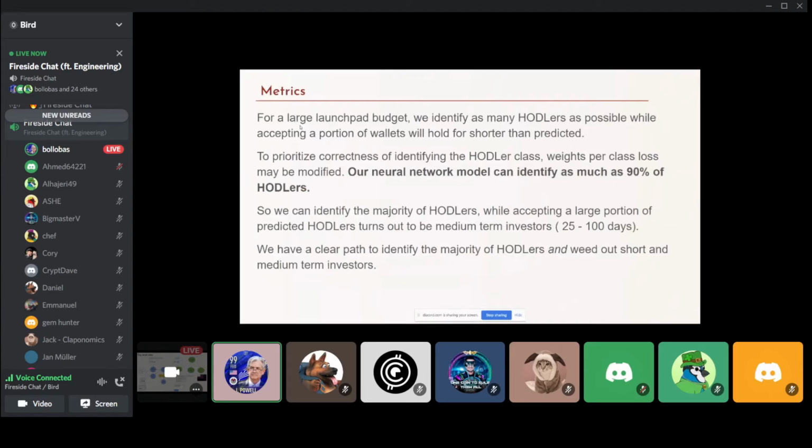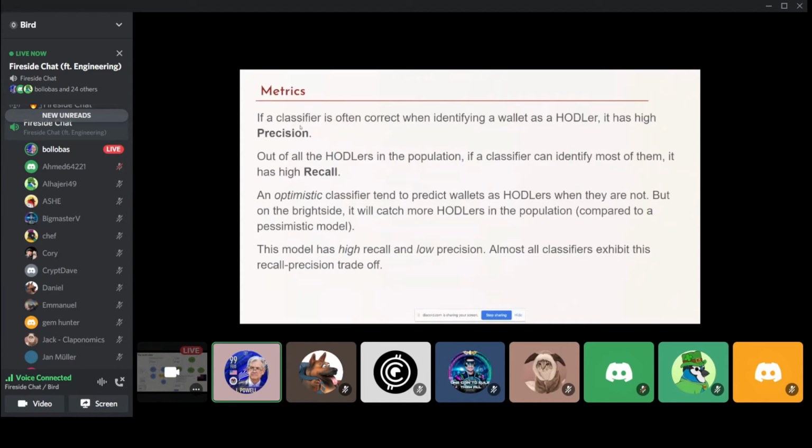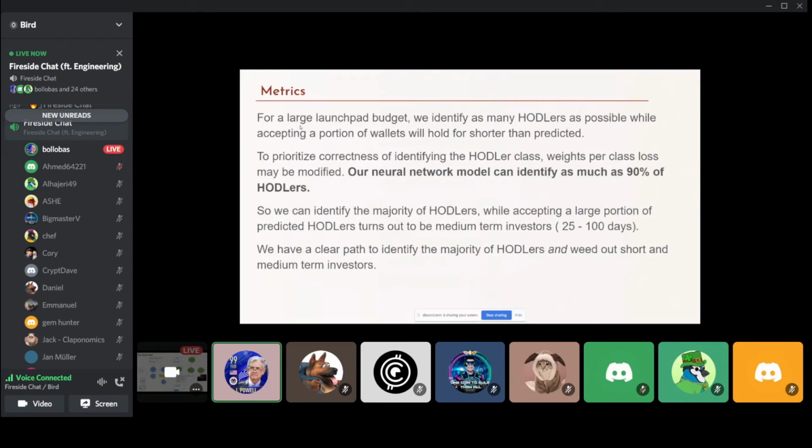So before 100 days. And coming back to recall versus precision, we are looking at an optimistic classifier that can get us all the hodlers. That's more important than mislabeling hodlers when they're short-term investors.